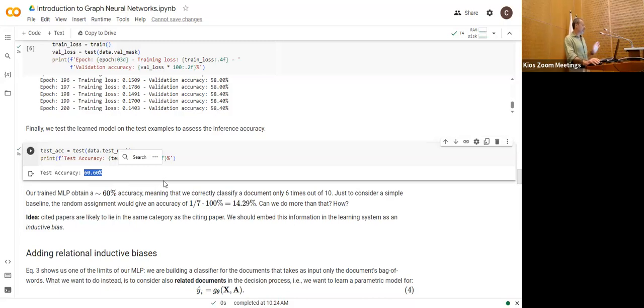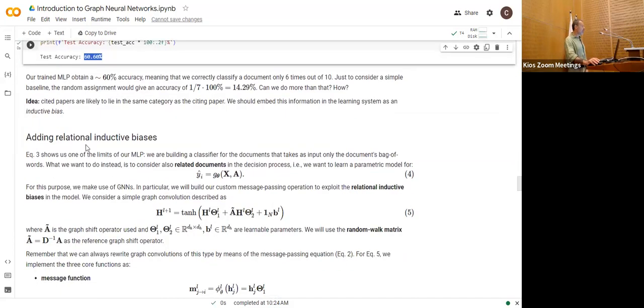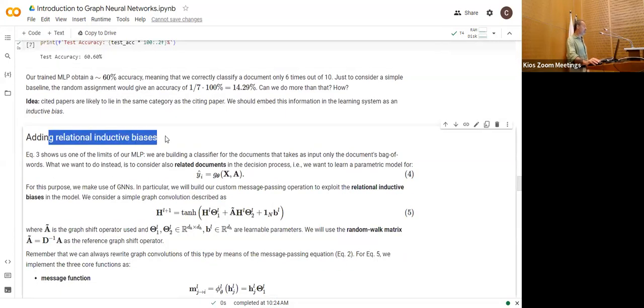Now, can we do more than this? Yes, we know it is a graph. Now, if it is a graph, there is the connection, and the connection comes through the topology matrix. So we want to add the relational inductive bias. So there are connections, there are functional dependencies.